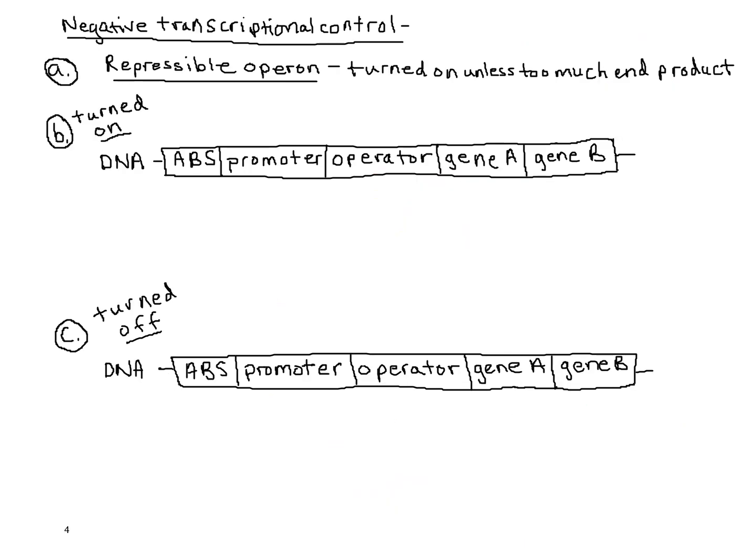So let's take a look at our second scenario that I could put on the exam. We've got negative transcriptional control of a repressible operon. Remember, with negative transcriptional control, we're going to be using a repressor protein to turn our operon on and off.